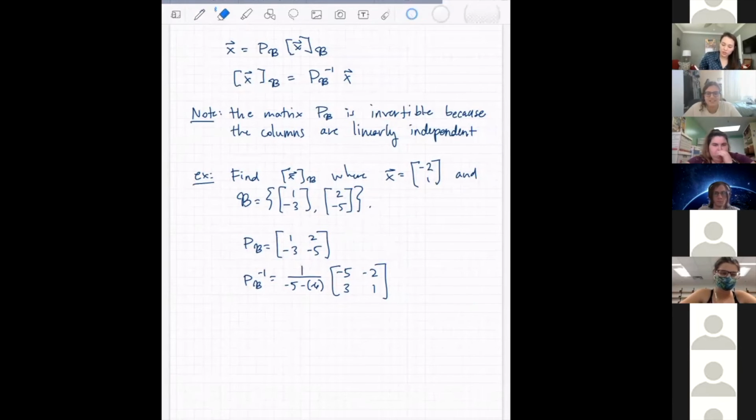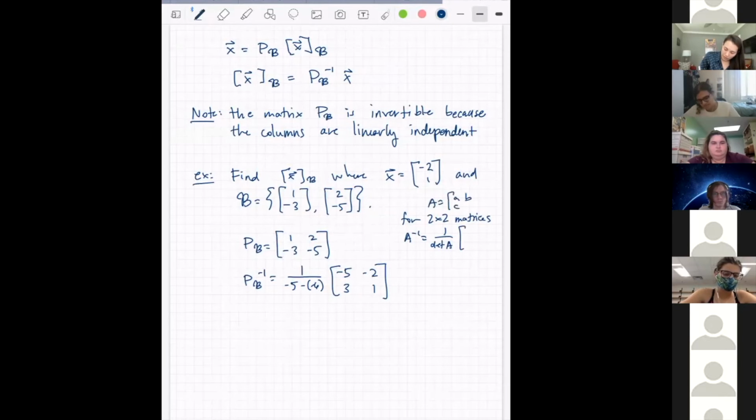So for 2 by 2 matrices, A inverse is equal to 1 over the determinant of A times, if A is equal to A, B, C, D, it's equal to D, -B, -C, A. And I just memorized that. Oh, okay. I remember now. This was from way back. Yeah, it was a long time ago.